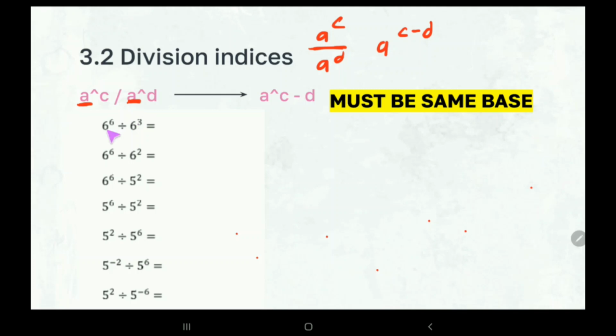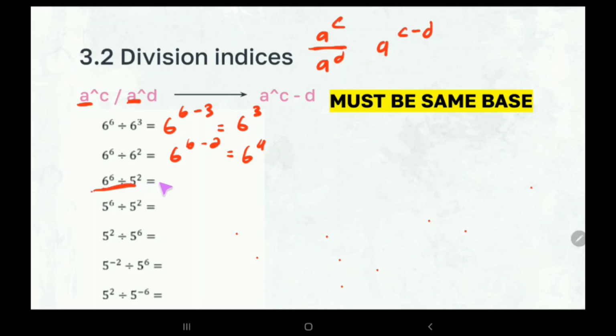The first example is 6 to the 6th power divided by 6 cubed. So we have 6, so it will be 6 to 6 minus 3, so it will be 6 cubed. Here we will do the same again, 6 minus 2, it will be 6 to the 4th power.